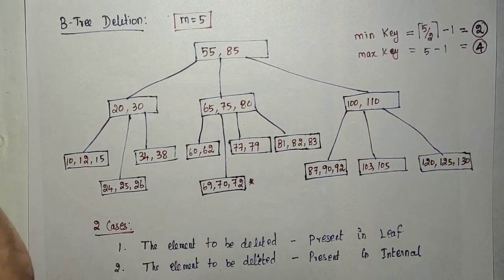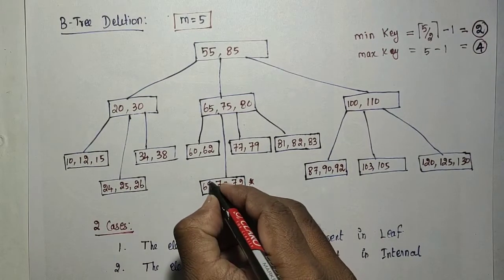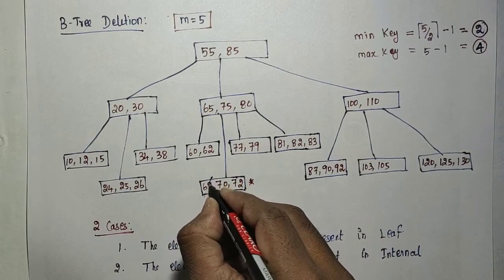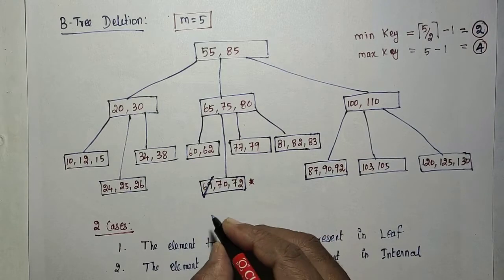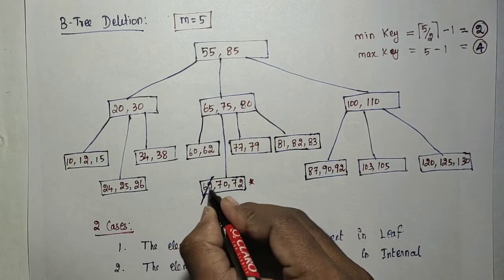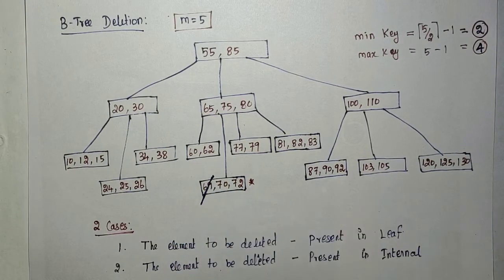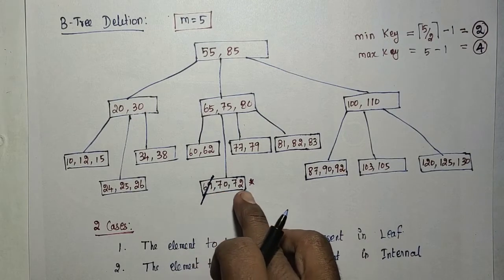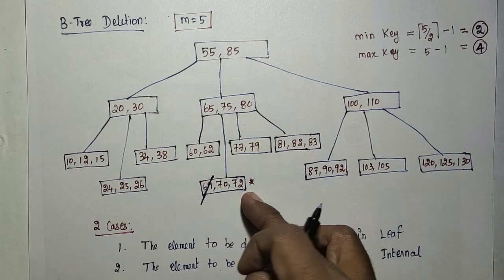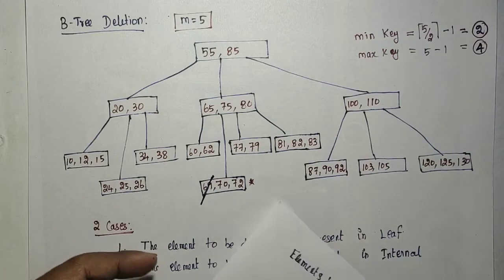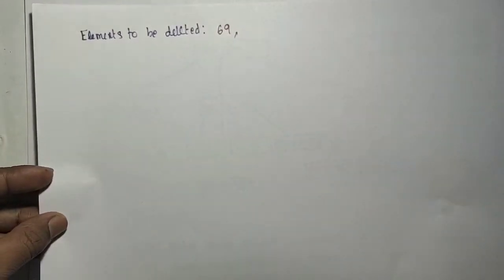I am going to do a simple strike out. The 69 is removed, so it contains 70 and 72 alone. Deleting 69 is simply completed.